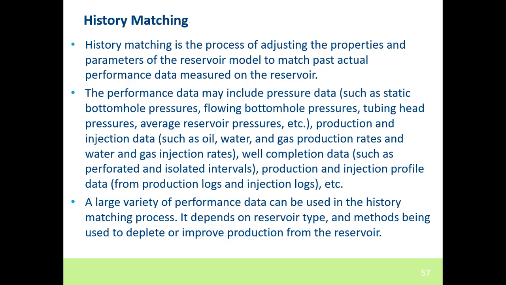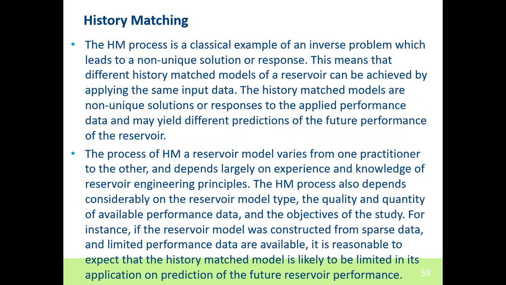And it's typically an iterative process. So the history matching process is a classical example of an inverse problem, which leads to a non-unique solution or response. This means that different history match models can be achieved by using the same data.